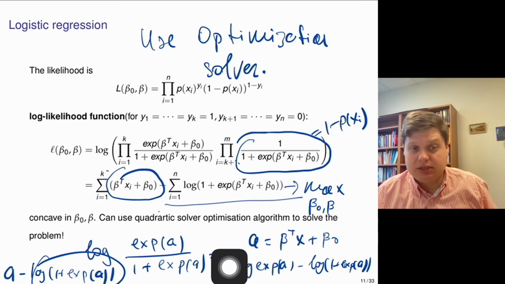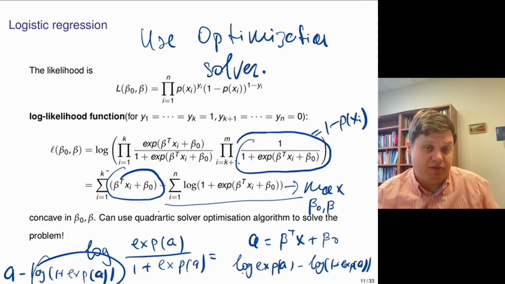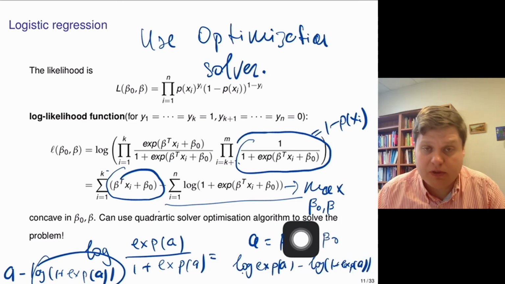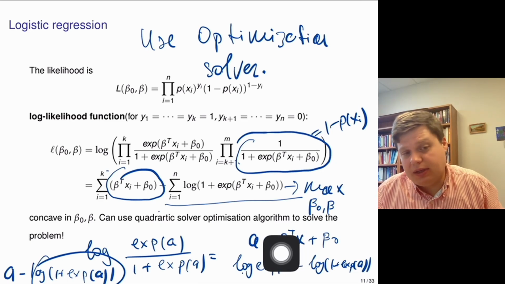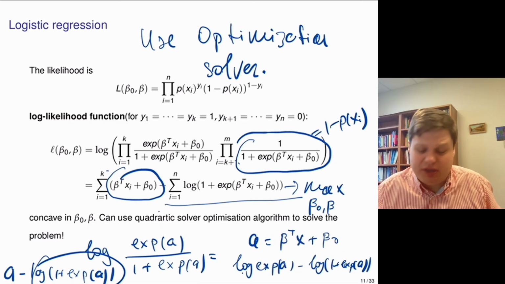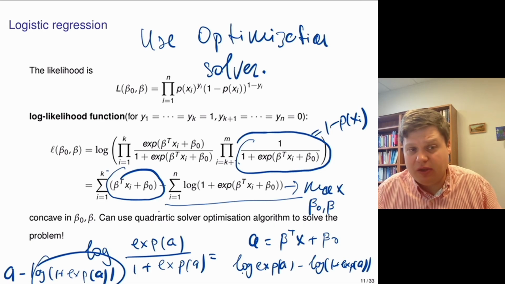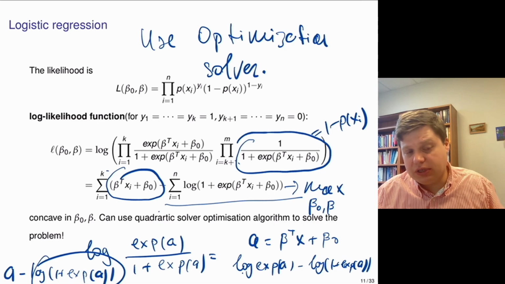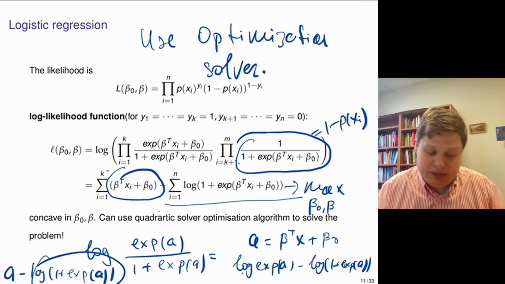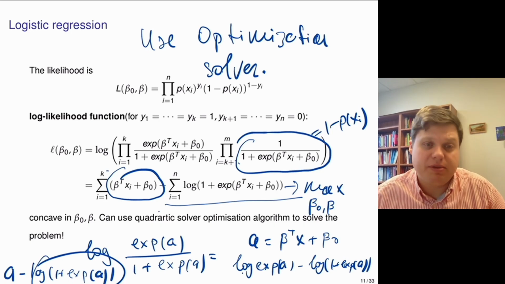Even large instances, when your data set is large and the number of parameters is large, can be solved very efficiently, and it's more or less a given now. So you don't really need to worry about those algorithms. They work. It's a technology now. They're very reliable. They give you good solutions. So in 99% of the cases, you basically should trust whatever comes out of the optimization algorithm.